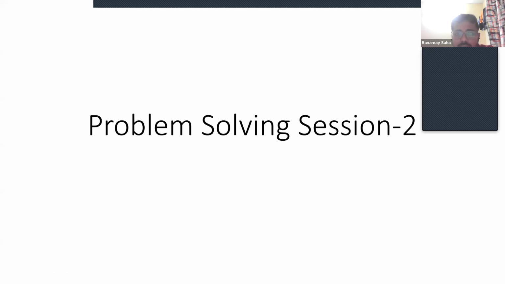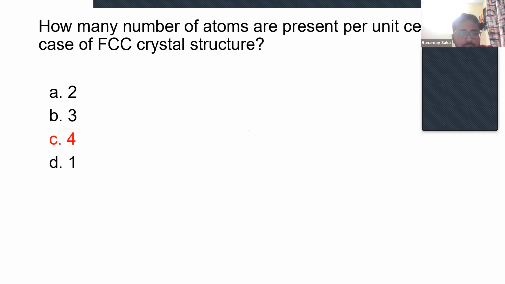A little discussion if you have some doubts regarding the assignments provided in week 1 and week 2. So this was a question asked: how many atoms are present in a unit cell in case of an FCC crystal.